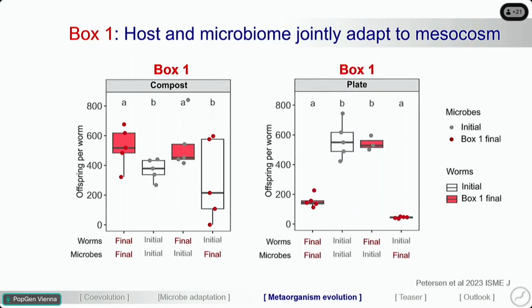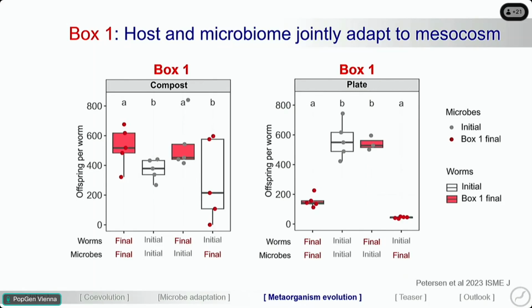elegans. And there the advantage that the nematodes had with their adapted microbiome completely disappeared. And this is suggesting to us that indeed it is the combination of both the changed adapted microbiome community and the adapted host population that is important for adaptation to this novel compost environment.